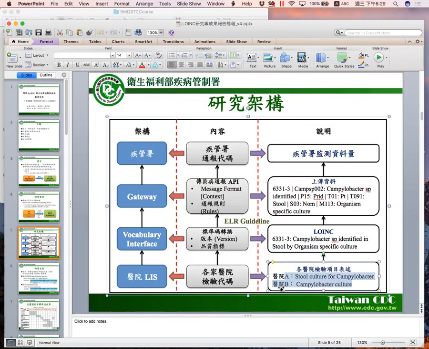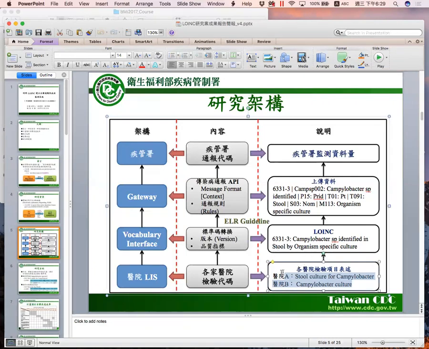Honestly, even I, as a clinician, find some laboratory information too complicated. Even the laboratory staff sometimes need to discuss, and then we decide which is the correct information, I mean, for the mapping.